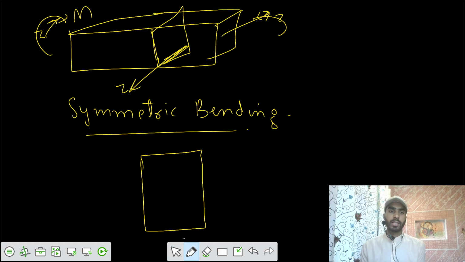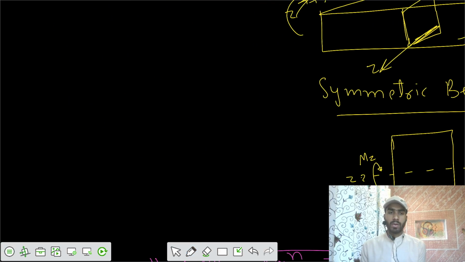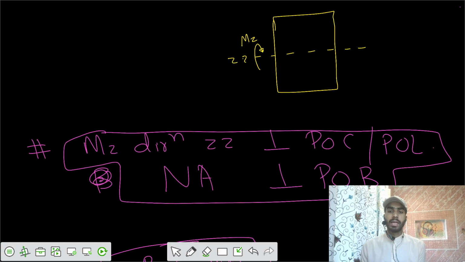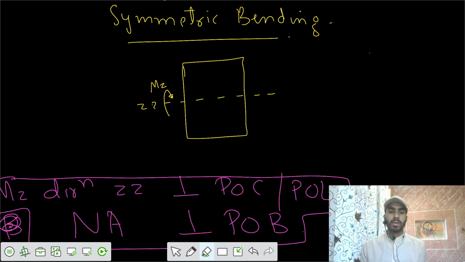The moment z is applied in this way, and from the conclusions, perpendicular to the moment z direction we have the plane of couple or plane of loading. So if you draw a perpendicular to the z direction, we call it the plane of couple.